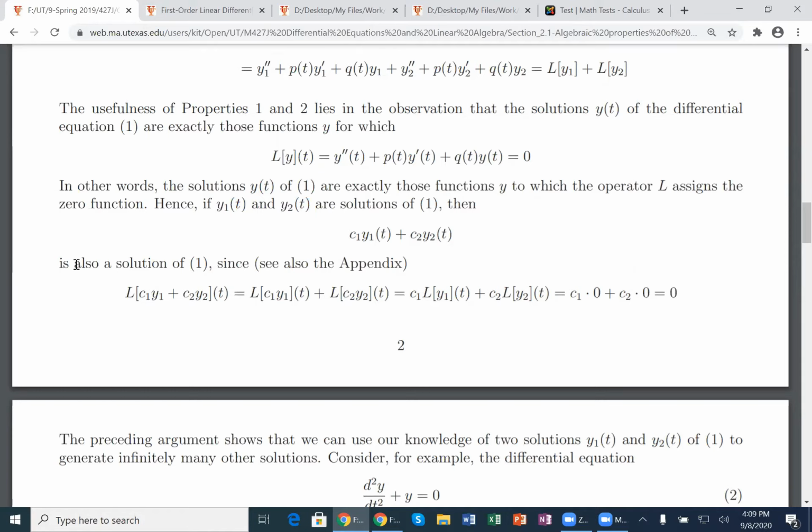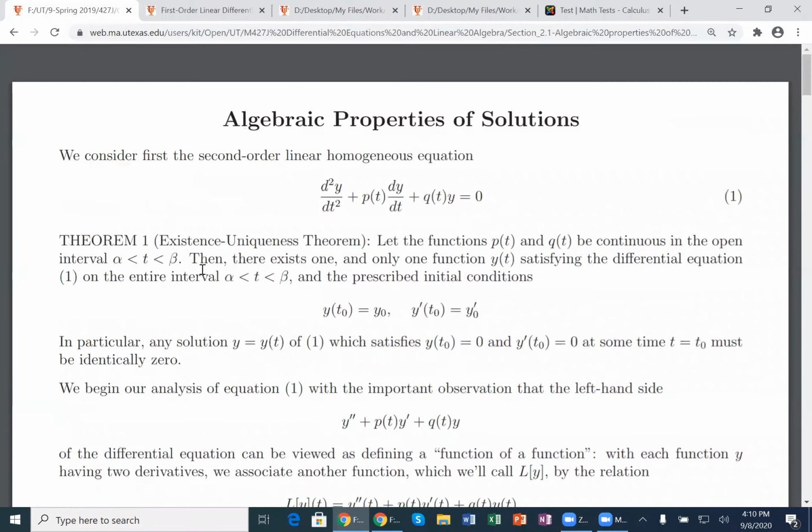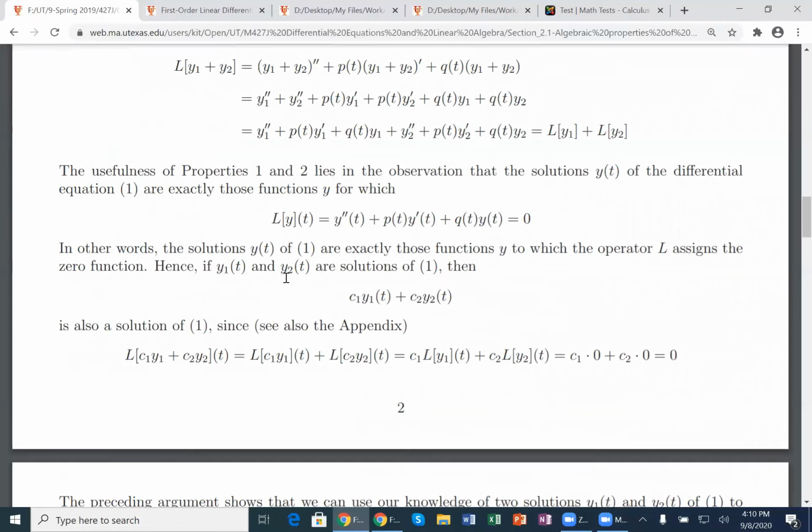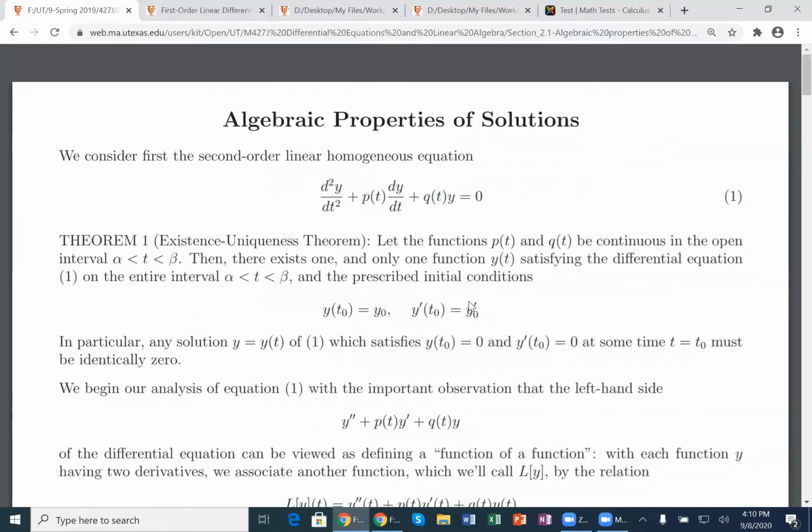Folks, any other questions? Also, just a clarification with theorem 1, because it says that there's a unique solution, yet you assume two, I guess, different solutions for the linear combination part. That's only because theorem 1 has the prescribed initial conditions, right? Yes, exactly. It's a very good point. Please don't confuse what is written here with what is written over here. In theorem 1, we are not talking about this equation alone.